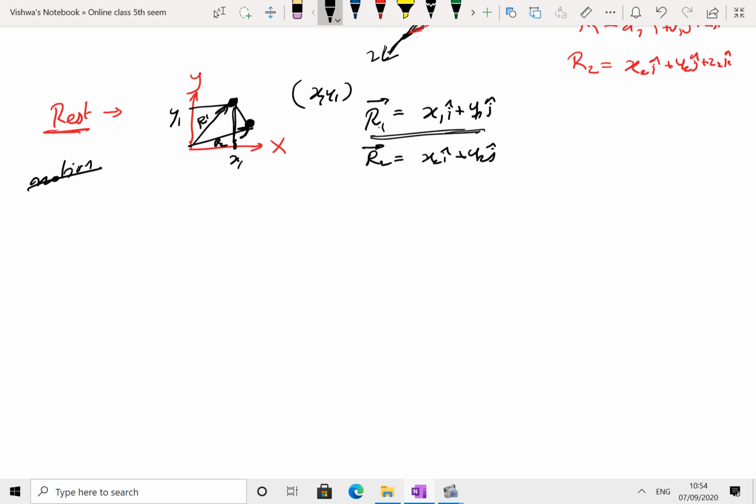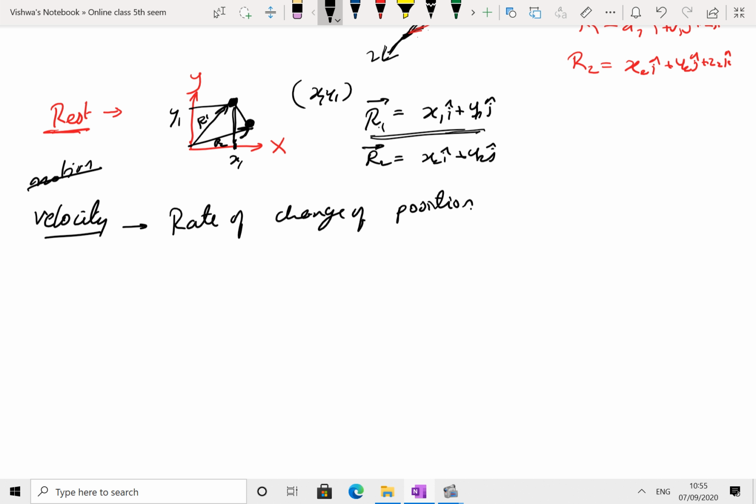Then velocity. I am defining velocity as the rate of change of position. Change of position is displacement. Rate of change of position is velocity.